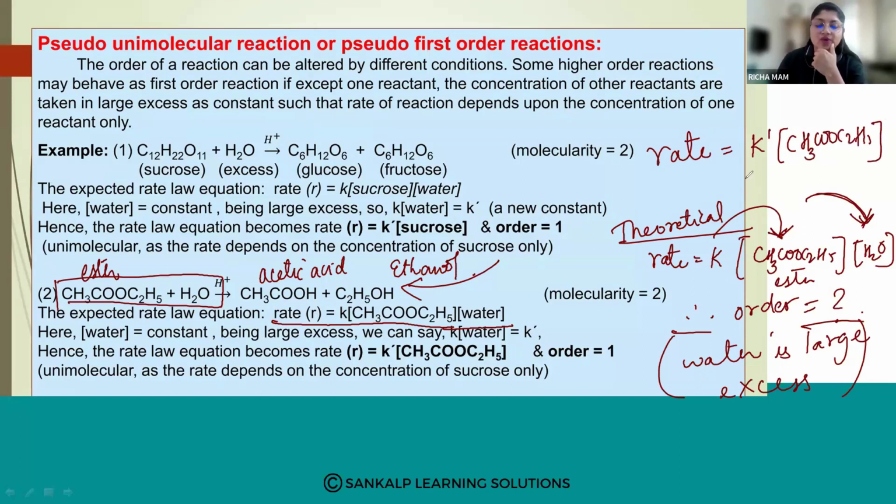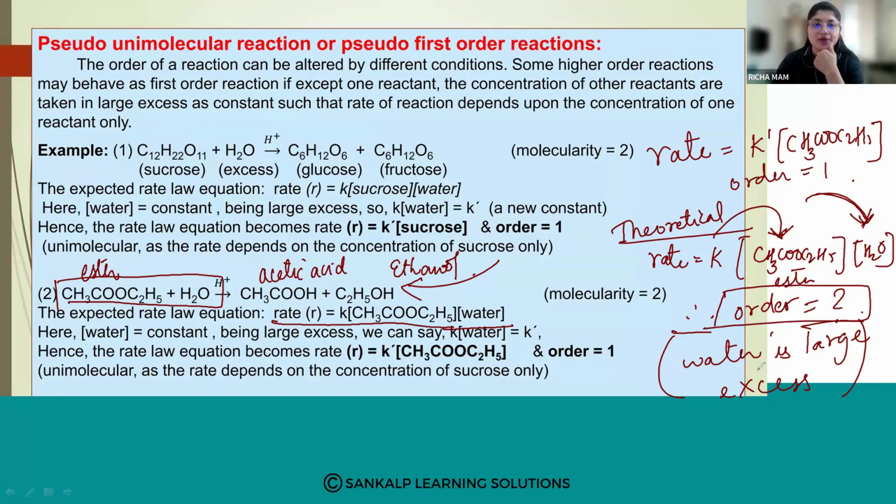So the order is 1. A chemical reaction appearing to be of higher order but following first order kinetics is called a pseudo first order reaction. It is appearing to be two.